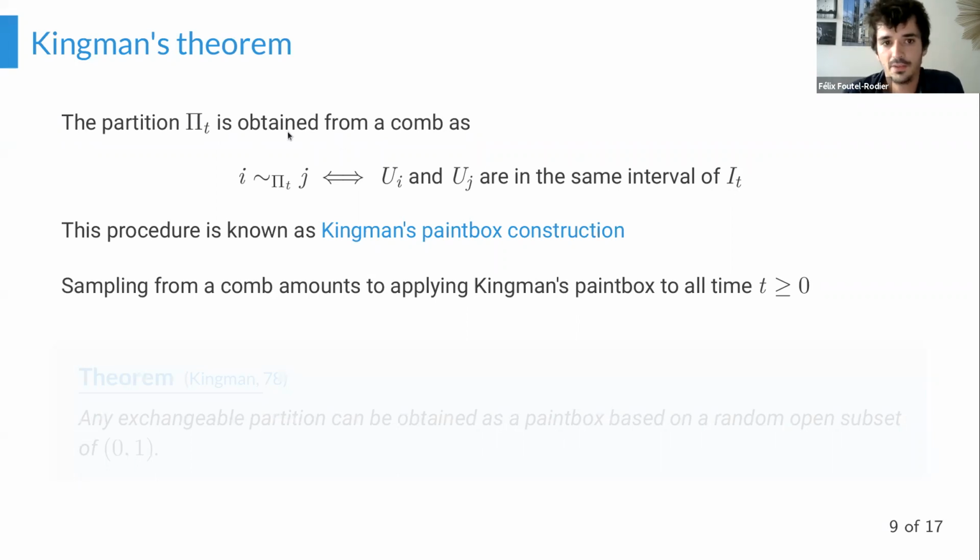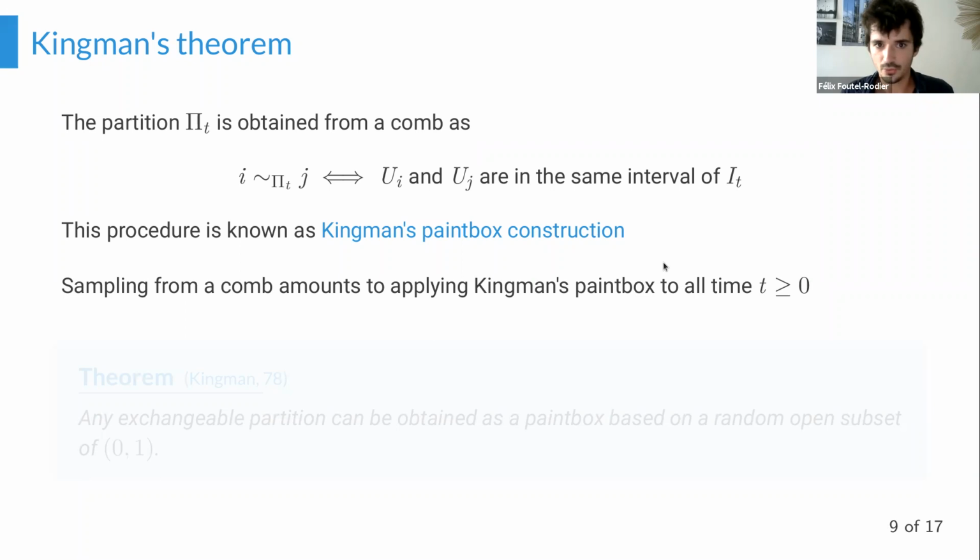And this definition is actually a well-known construction in the world of exchangeable partitions, which is known as Kingman's paintbox construction of an exchangeable partition. And so actually, sampling from a comb can really be seen as a multivariate extension of Kingman's paintbox construction that allows to couple this construction for all time t to obtain a coalescent.